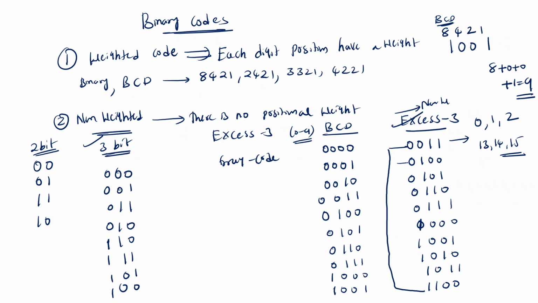If you apply ones complement for the second bit and last but one bit, you'll get the last bit. Here also third bit and last third bit, you'll get ones complement. And fourth bit and last fourth bit. So for the first bit if you apply ones complement, you'll get the last bit. So that's why XS3 code is nothing but reflective code.